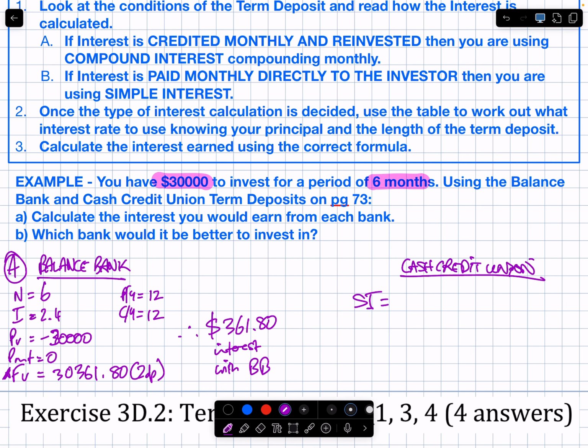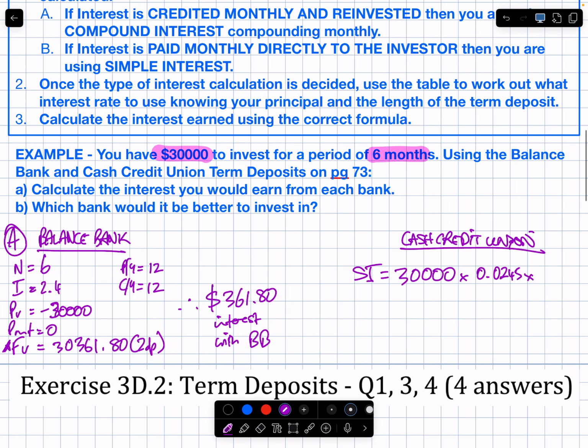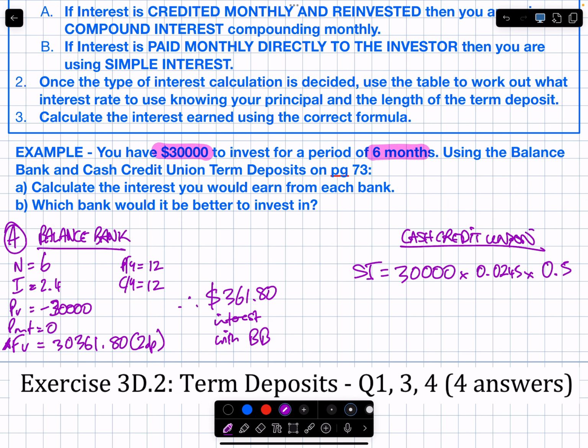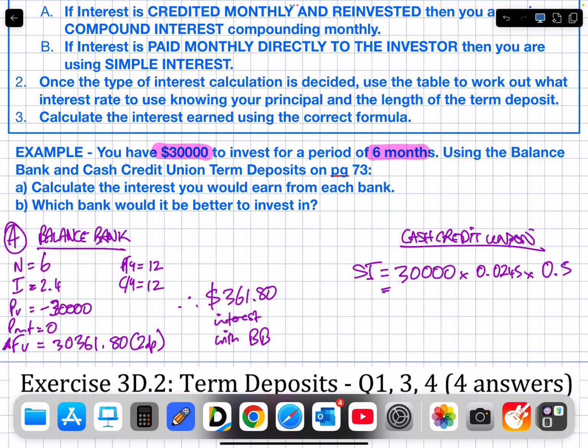SI equals P. I put 30 grand in, times by 2.45 as a decimal, 0.0245. T is years. If I'm putting it away for 6 months, am I putting it in for a whole year? 0.5. So calculator.